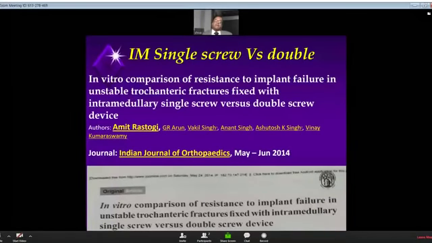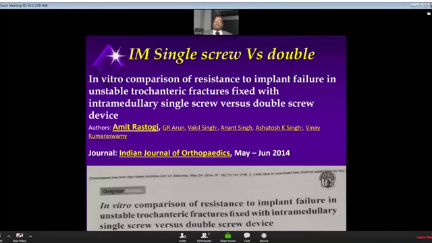My friend Professor Amit Rastogi from Banaras Hindu University, Varanasi, head of the department of orthopedics at BHU, has done a beautiful study in association with IIT BHU Varanasi. He compares an intramedullary single screw system with a double screw system.